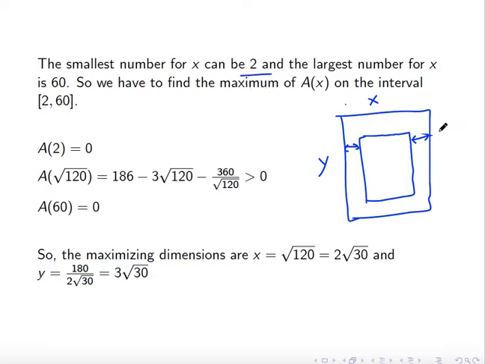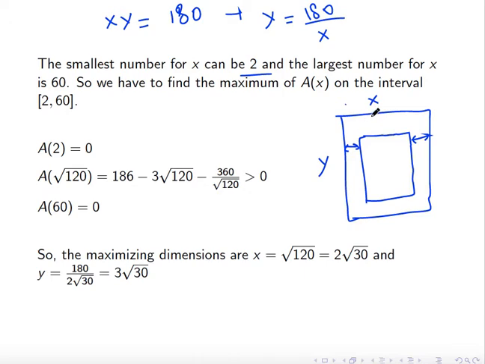And what is the maximum value for x? If I want to think about the maximum value for x, one way is to think about the minimum value for y, because remember that xy is 180, and this means y equals 180 divided by x. So what is the minimum value for y?